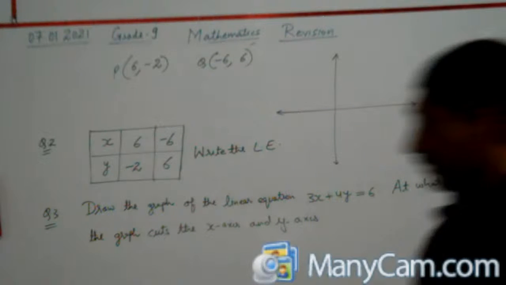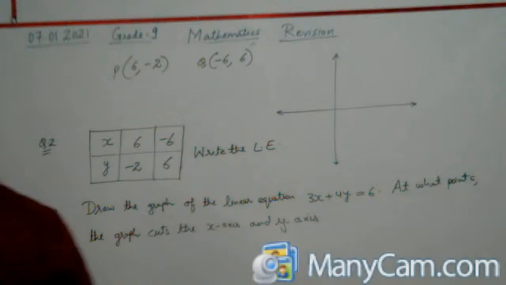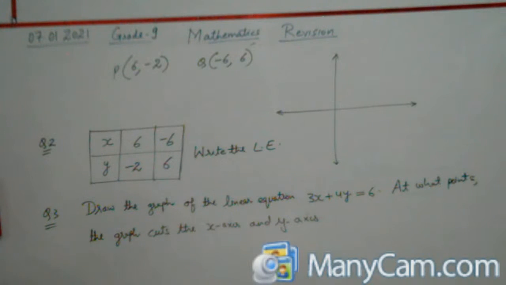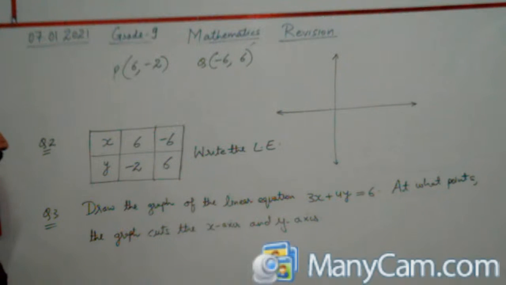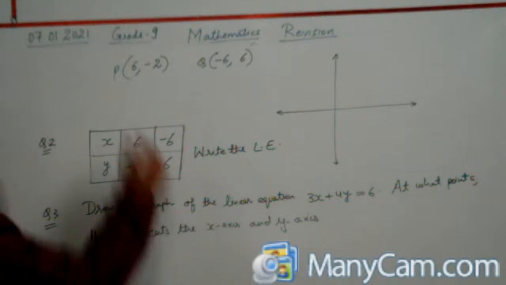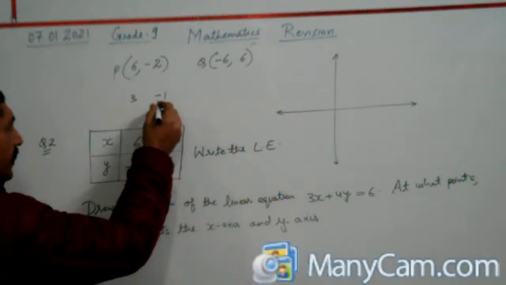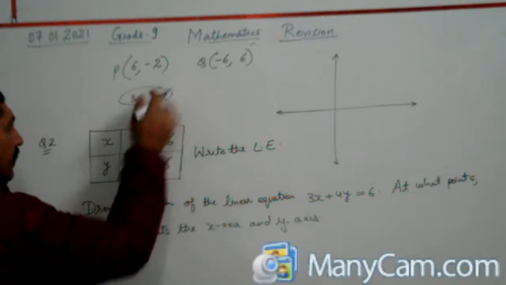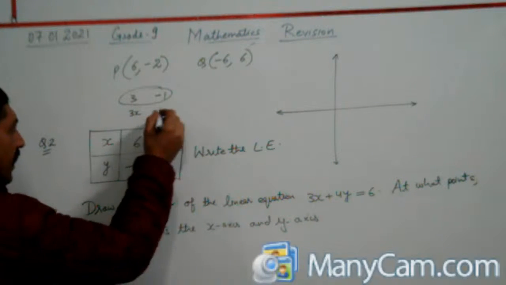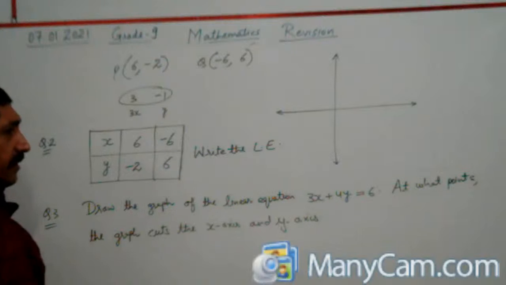Like in the ratio, one is 3, one is minus 1. So one is x, 3x, and one is y.